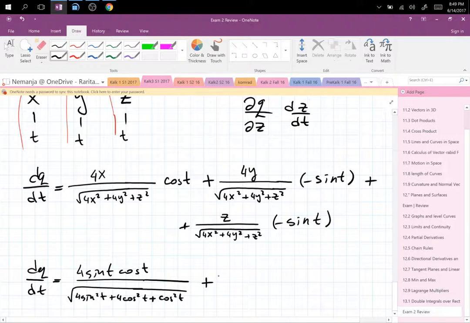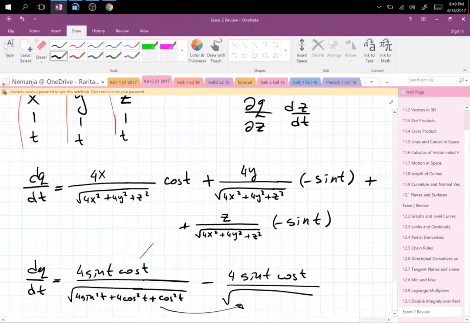Plus, minus 4 sine t cosine t divided by, again, the same square root. And you see that these guys completely cancel each other because they have the same numerator and denominator.